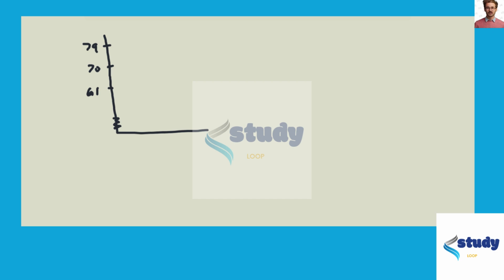So if 0 is midnight, then 12 is noon, and 24 would be repeat. 3 p.m. would be 15.